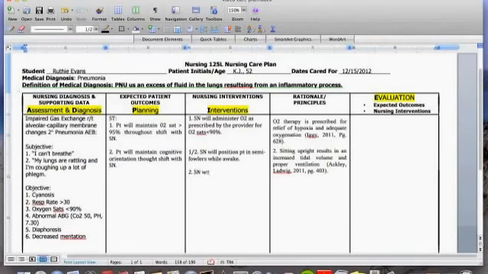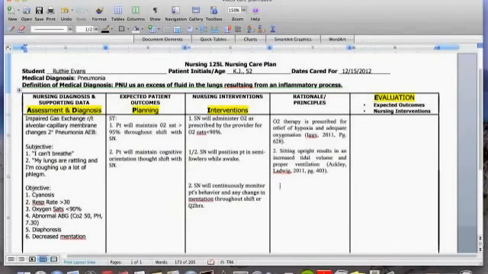So we'll say student nurse will continuously monitor patient's behavior and any change in mentation throughout shift, or let's say every 2 hours when we're doing our vital signs or assessment or something like that.